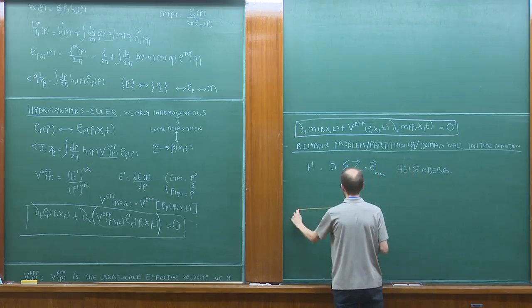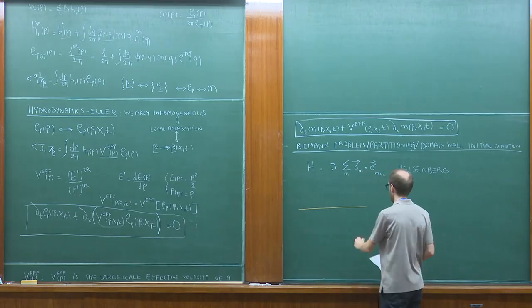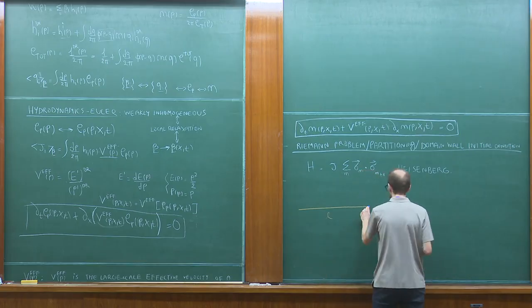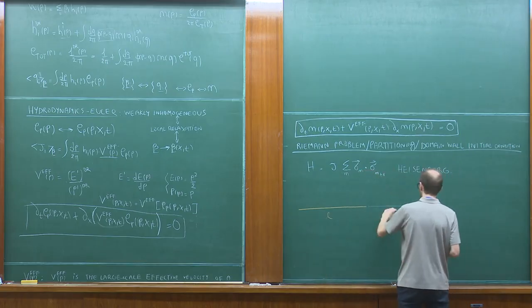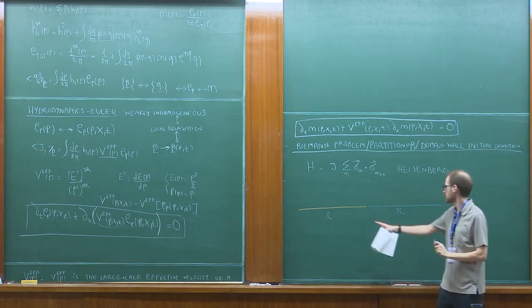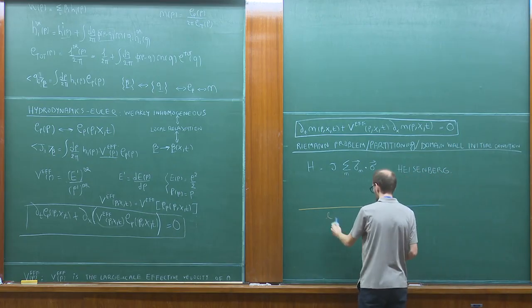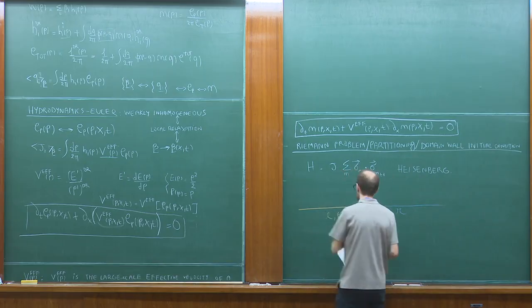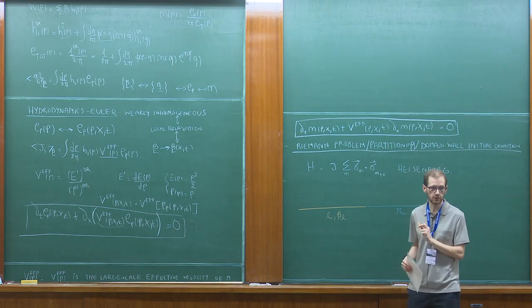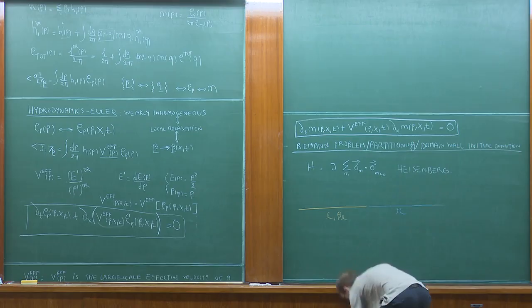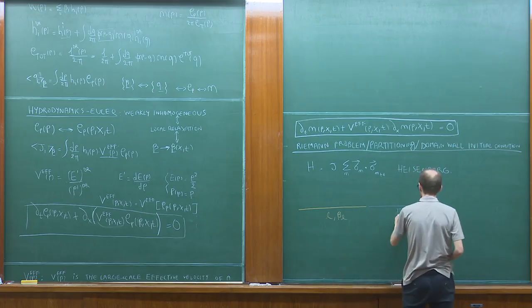Essentially, you partition your system in two halves. Let's say one which we call left, and another one which we call right. Let's say they are equal. The one on the left is a thermal state with a certain inverse temperature beta left, and the one on the right is another thermal state with an inverse temperature beta right.